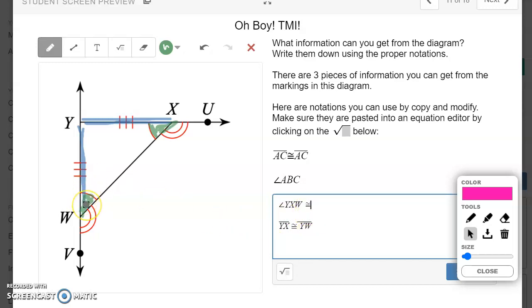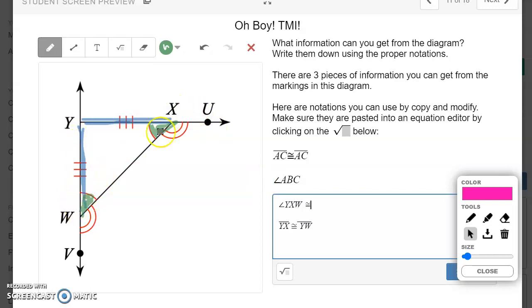to, how would we call this angle? We can use YWX, okay? The middle letter has to be at the vertex, at the tippy toe of the angle that we're interested in. So here, the X is in the middle, and so W has to be in the middle.